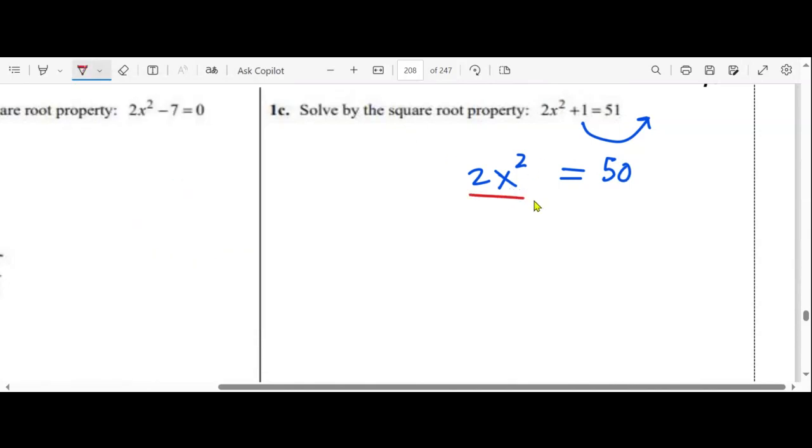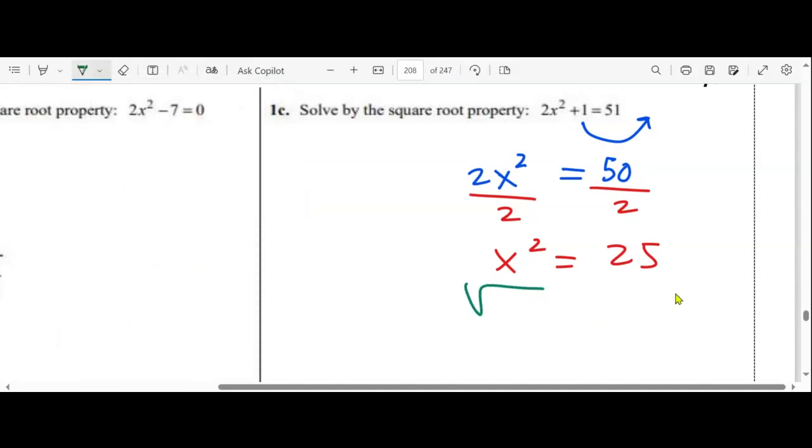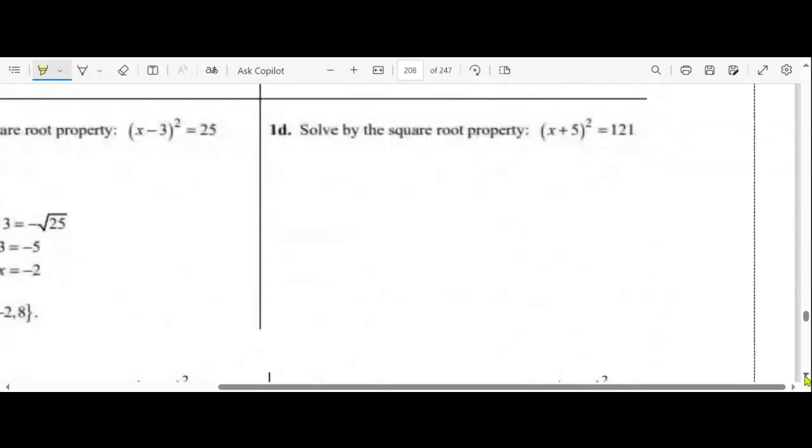Divide by 2. So x squared equals 25. Take the square root for both sides. If you take the square root for both sides, what do you get? Plus or minus 5. Easy as easy. That's the whole lesson about that.